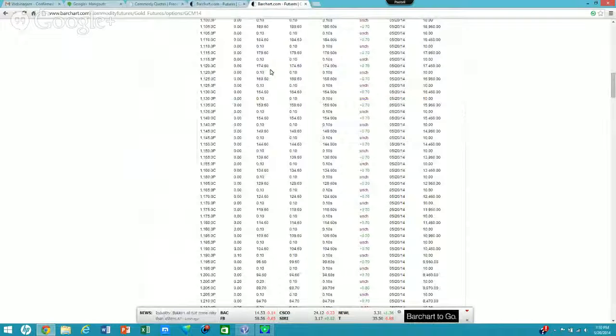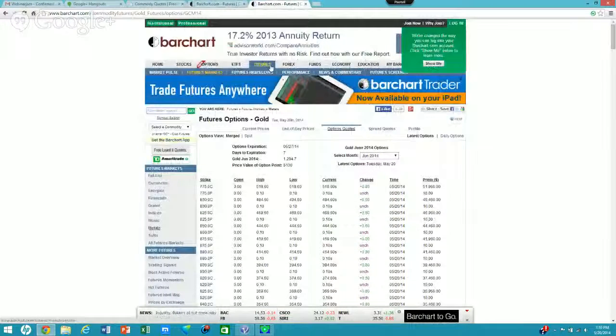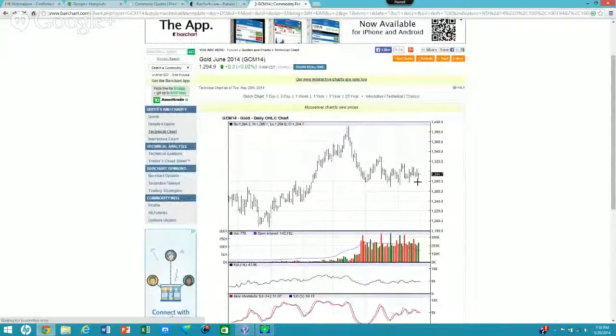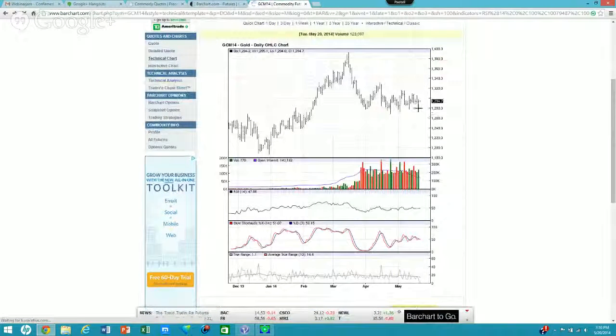Okay, so now let's go back to our chart here. How far down do we think it's going to go? Okay, it looks like there's some support here at 1280.